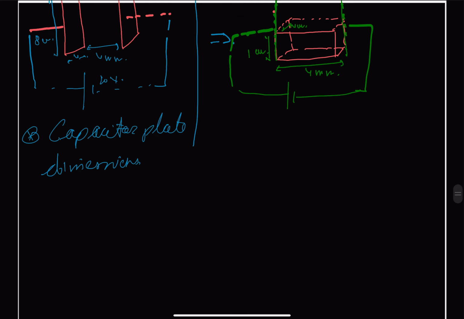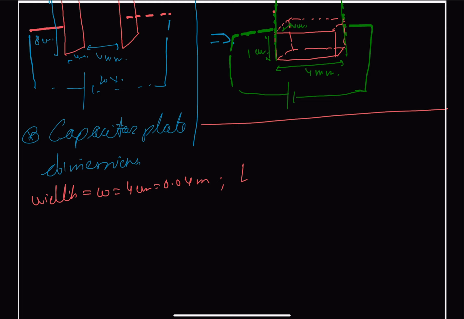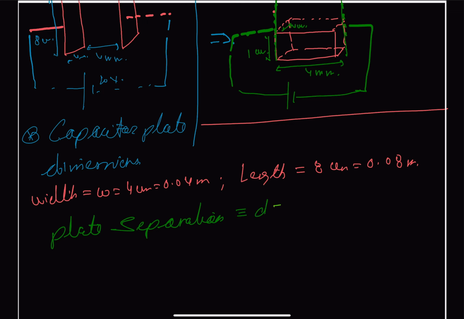We are given that the width W is 4 centimeter, which will be 0.04 meter, and length is 8 centimeter, which will be 0.08 meter, and we are having plate separation, which is basically D equal to 4 millimeter, that is 0.004 meters.